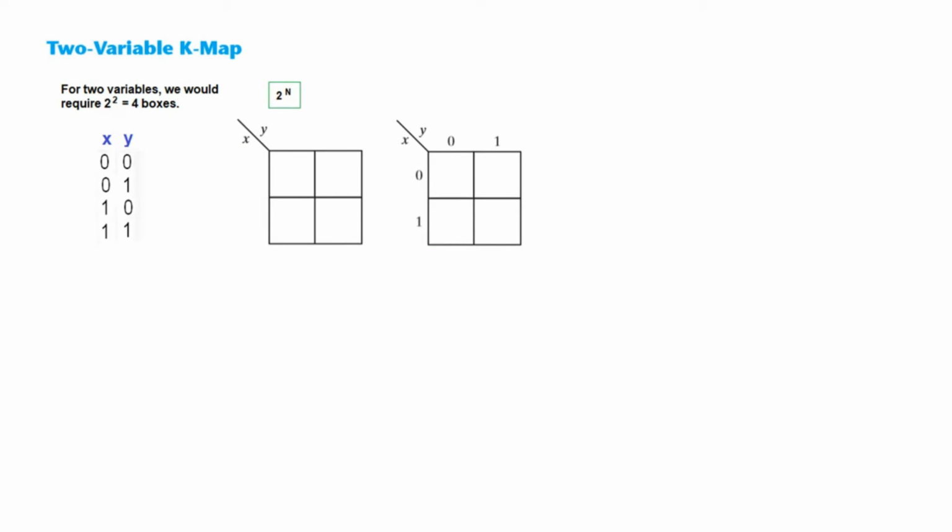We can also write the values here: 0 and 1 for y and 0 and 1 for x. What this means is that here we plot 0 0, so this value 0 0 is plotted here. This is 0 1, this is 1 0, and here 1 1.